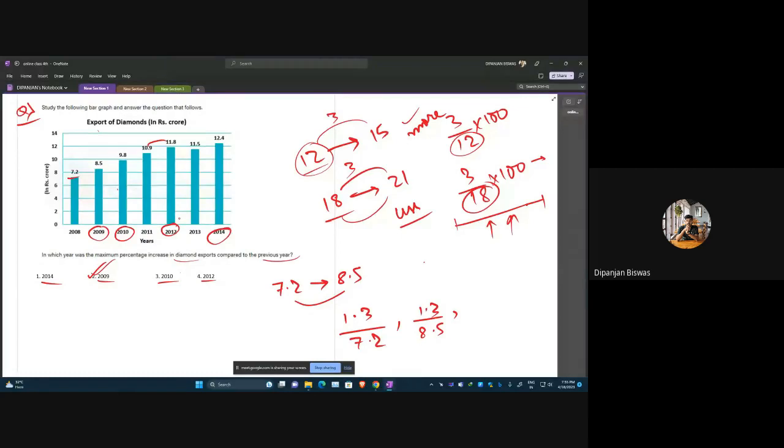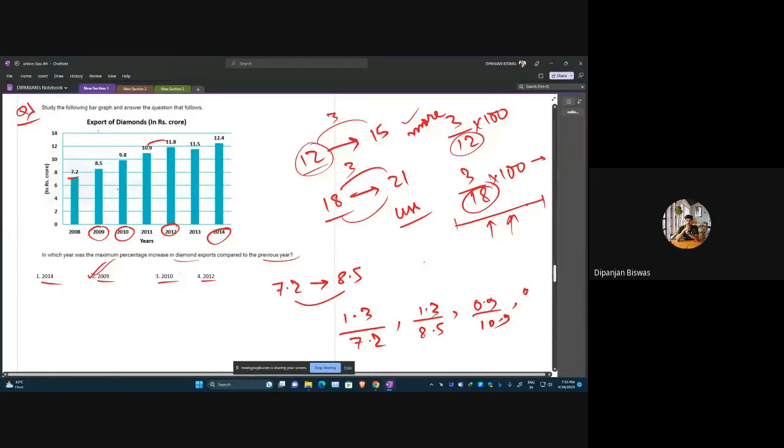In 2012, from the previous year, that is 10.9 in 2011, there is an increment of 0.9. You can just subtract 11.8 and 10.9 and you will get 0.9. And in 2014, there is also an increment of 0.9 on the basis of what? 11.5.